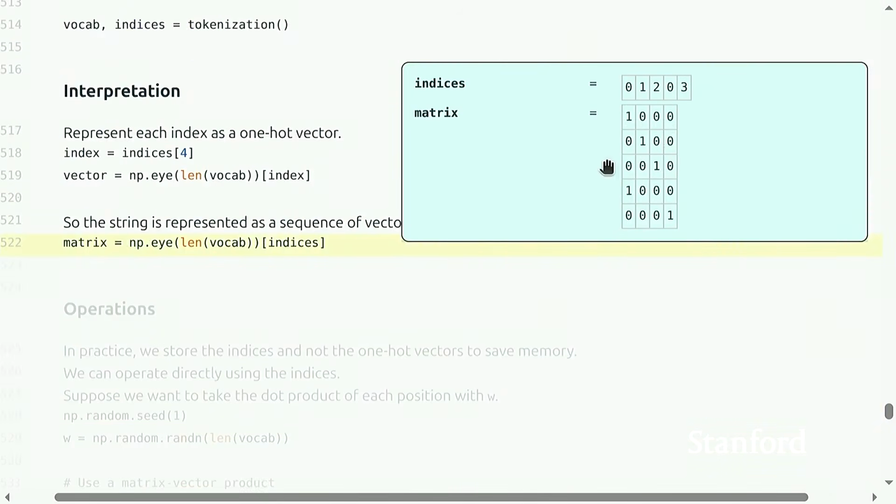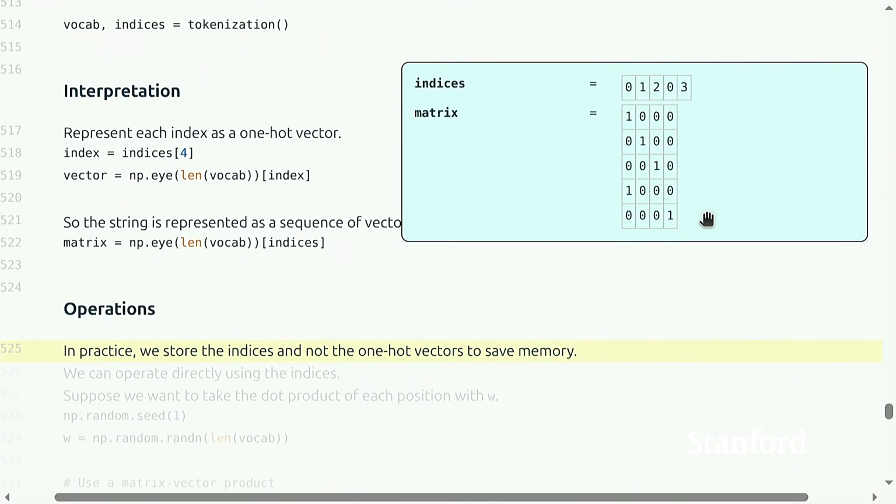And I can represent the entire string as a matrix where every row corresponds to a position in the token sequence, and that row is a one-hot vector. So I have 0, 1, 2, 0, 3. Okay, so now I have a tensor, and now I know what to do with them.